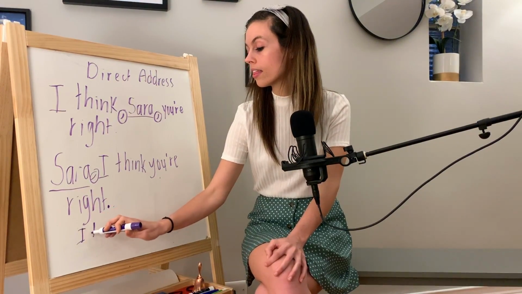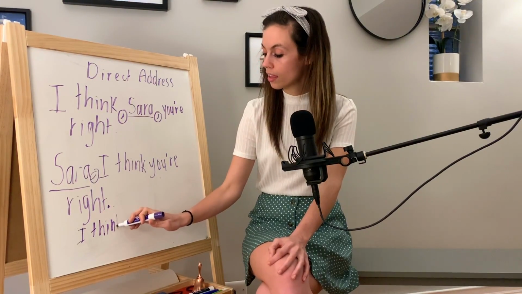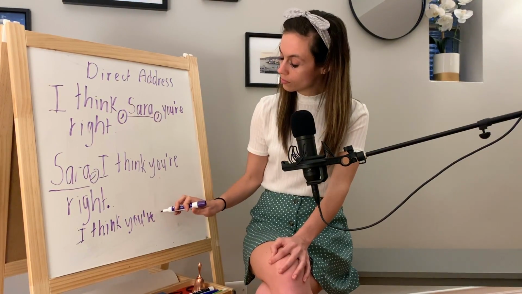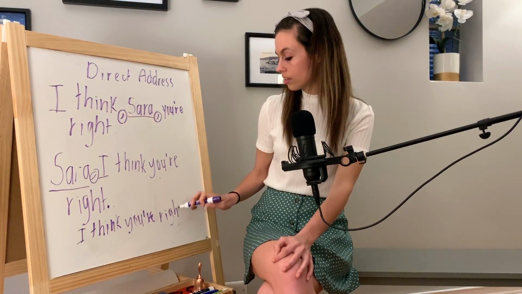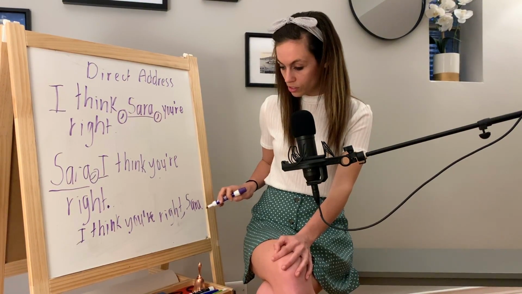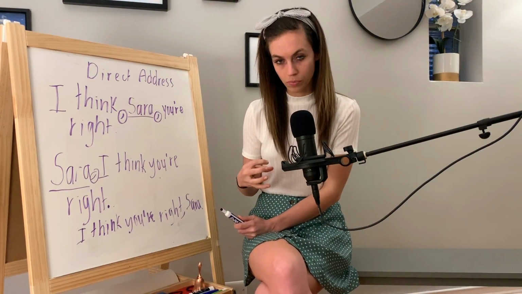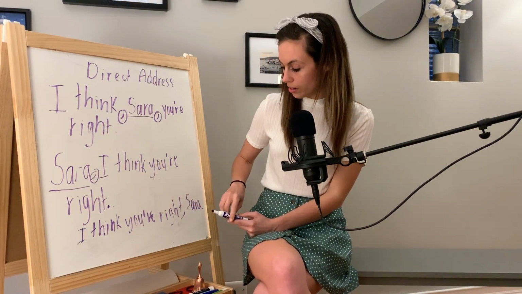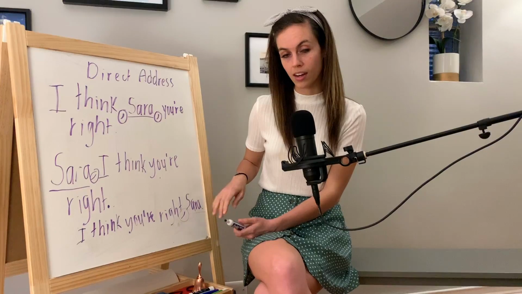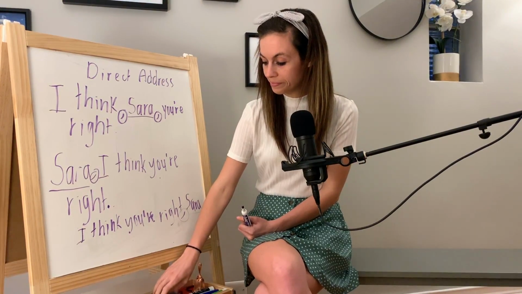So you also might say, I think you're right, comma, Sarah. Okay, so it's naming a person to whom you're speaking. Okay, so we're talking to Sarah. So we're going to show that by putting a comma in. So it could go in the middle, beginning, or the end of a sentence. Okay?